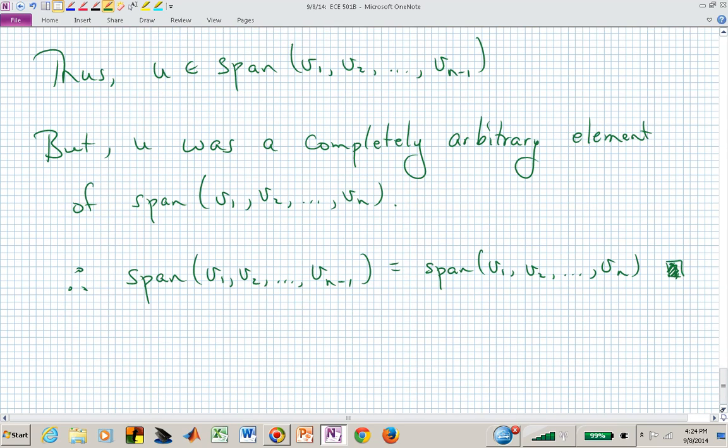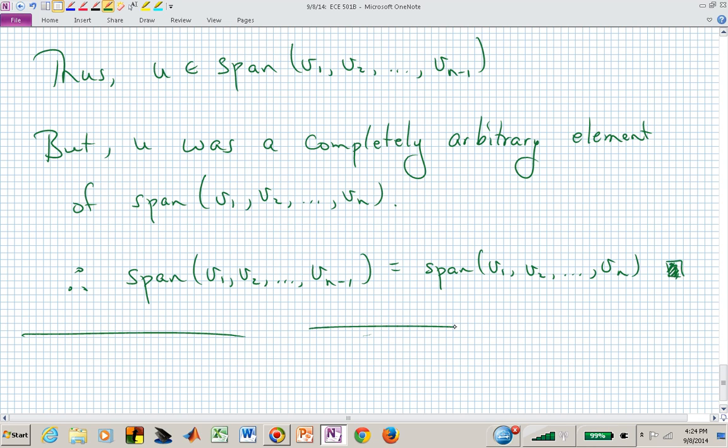Which is nice, which really means we can throw away things in this big spanning list of vectors if we need to, if we want to get it to be smaller in number. And we're not changing the span, if we throw away elements that are linearly dependent.